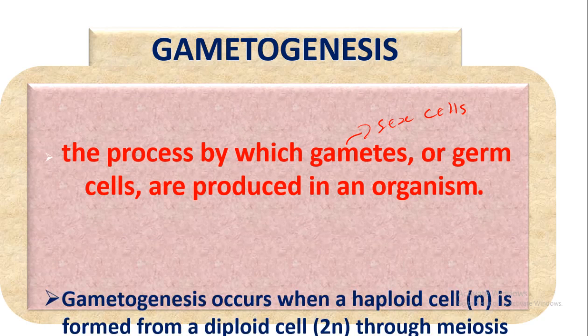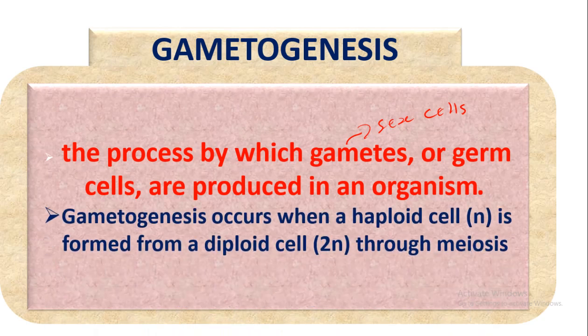Now, this gametogenesis helps to produce a haploid number of chromosomes from what? From diploid. So we have a diploid cell, and this diploid cell has to produce a haploid cell.